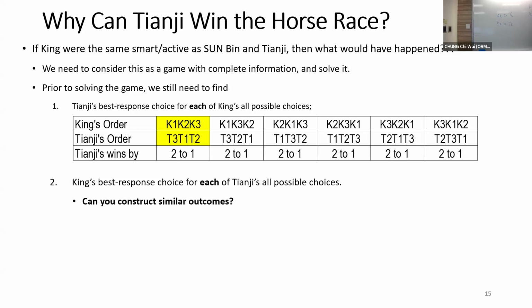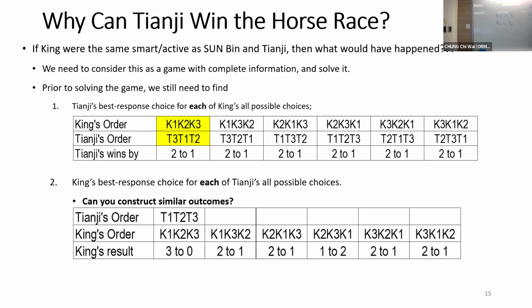One can construct a table. And it can use this sequence, T1, T1, T1. So here, if Tianji's order is T1, T2, T3, then the best response of the king is K1, K2, K3.